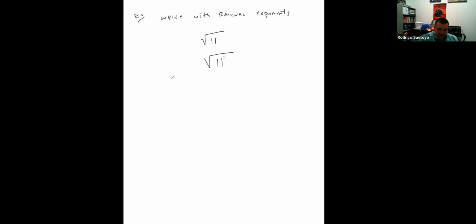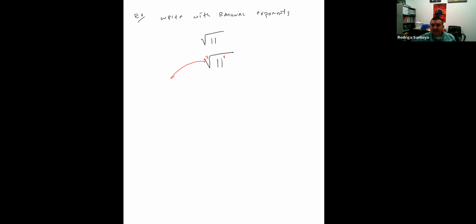But now the question is, what is our index? Right? I think I talked about this when I discussed 6.1. If no index is present, that means that the index here is a what, y'all? A 2. Is a 2. Very good. Right? So that means that we have a 1 here and we have a 2 there.